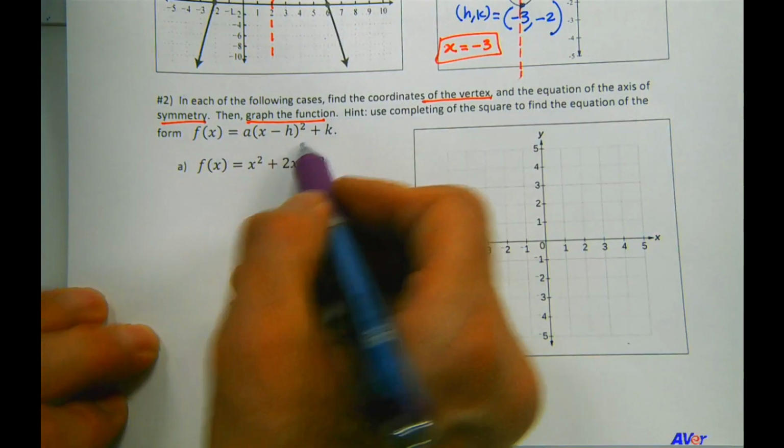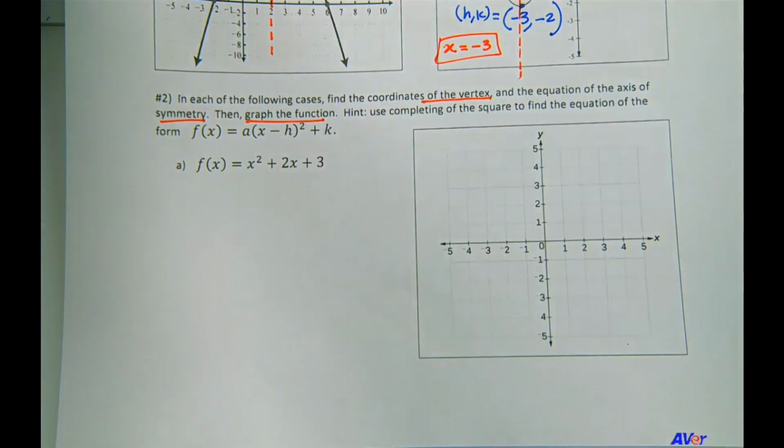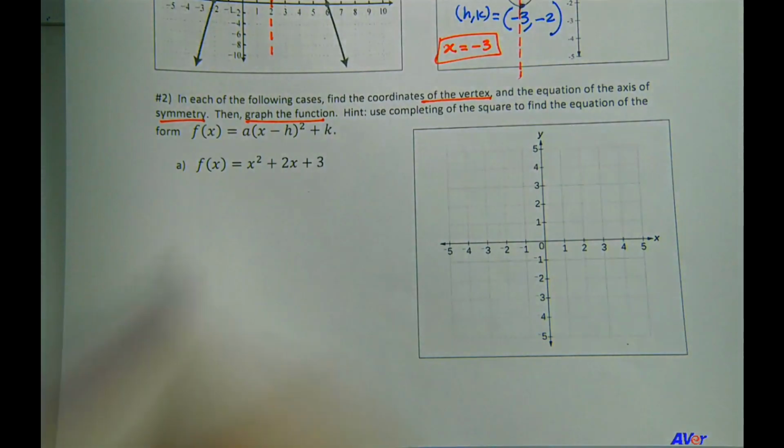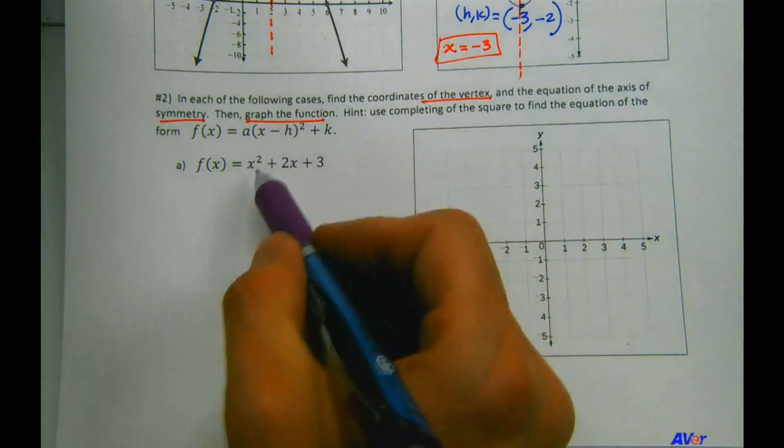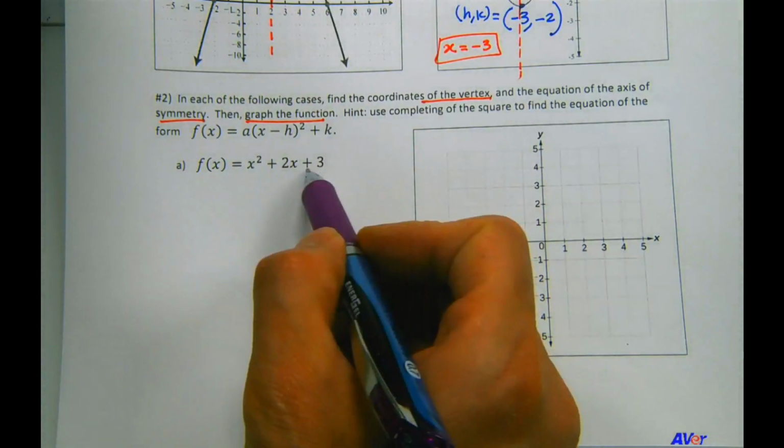Eventually, in this section, later on in about maybe half an hour, we'll learn about a second technique, which is a formula, to find the coordinates of the vertex of a quadratic function right from this equation.